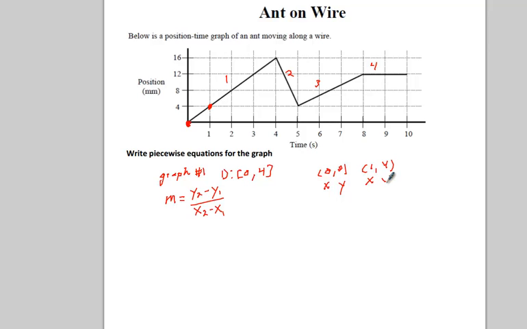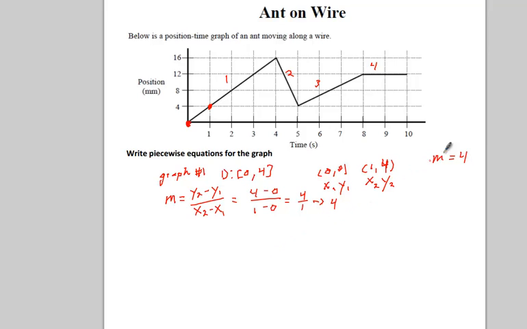This is my first set, and that's why these get 1s. This is my second set, and that's why these get 2s. Plugging this into my equation, I got 4 minus 0 over 1 minus 0, which gives me 4 over 1, or just a slope of 4, right? Over here on the side, I'm going to write my slope is equal to 4.